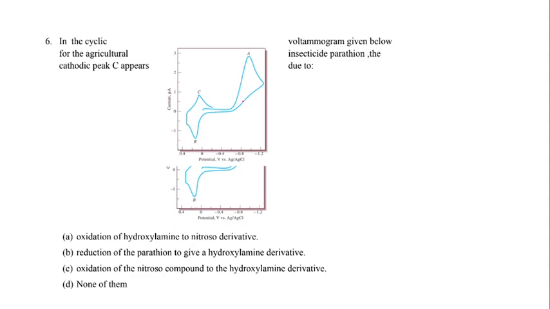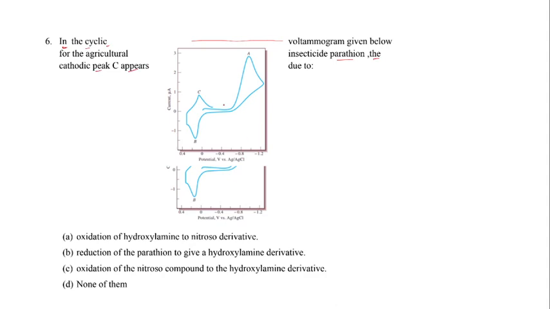Now, question number 6. In the cyclic voltammogram given below for the agricultural insecticide parathion, the cathodic peak C appears.